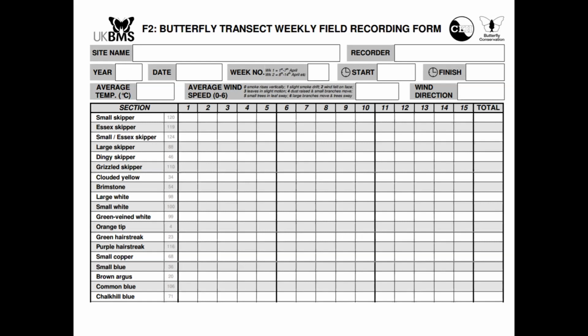And one species which has definitely got a lot earlier is orange tip. The first orange tip has already been seen in the UK this year, but that one's a bit of an outlier, almost certainly one that pupated in an artificially warm site. But orange tips have got about 2 weeks earlier in the last 30 years than they used to be, just because of global warming, we assume.